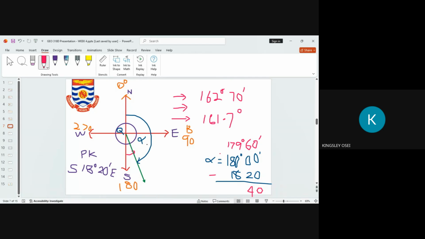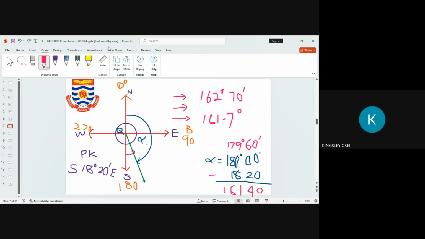Then what is 179 minus 18? 161. What was the 179?